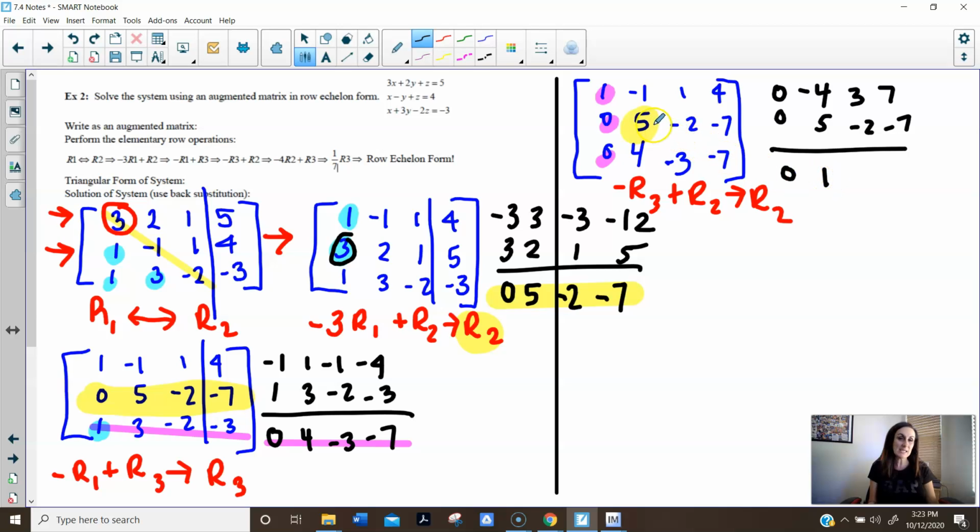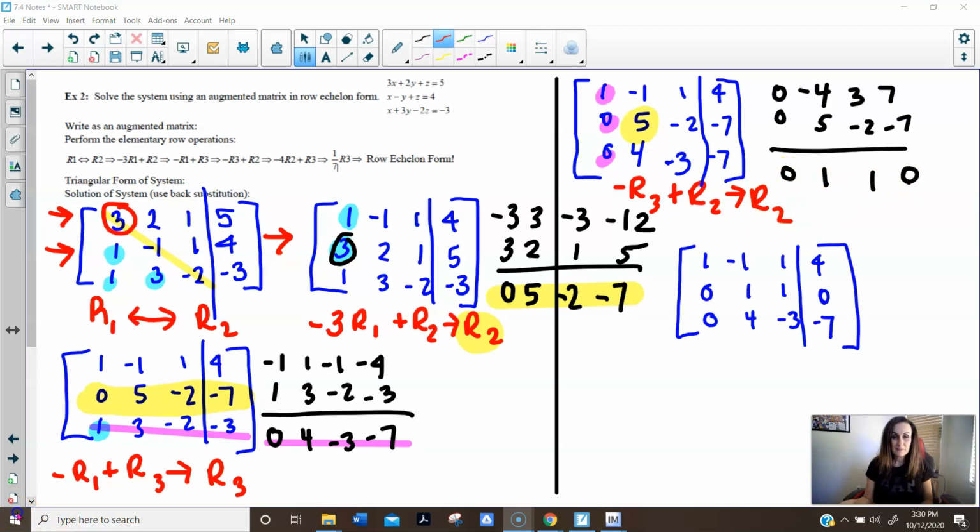And that 1 is going to replace this 5. 3 plus -2 is 1. And 7 plus -7 is 0. So then what we're going to do is take this row and replace row 2 with this new row.